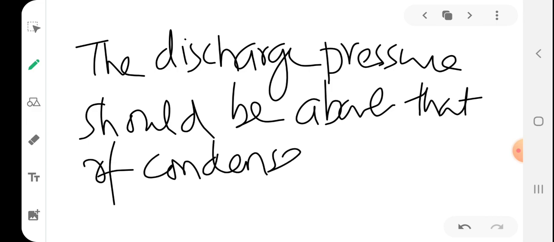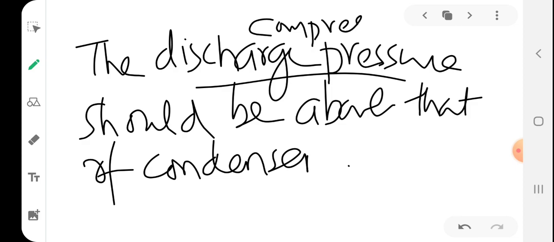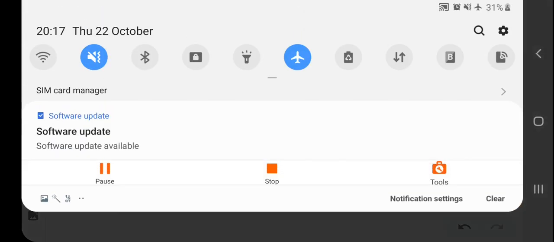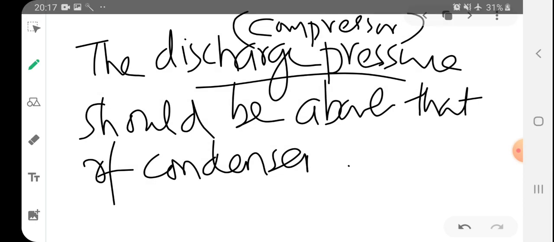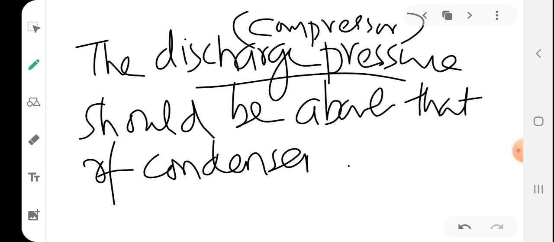So students, the discharge pressure of the compressor should be a little bit above that of the condenser, then only the discharge valve will activate. Okay, so there should be a pressure difference between the evaporator and compressor inlet, similarly between the condenser and compressor outlet.